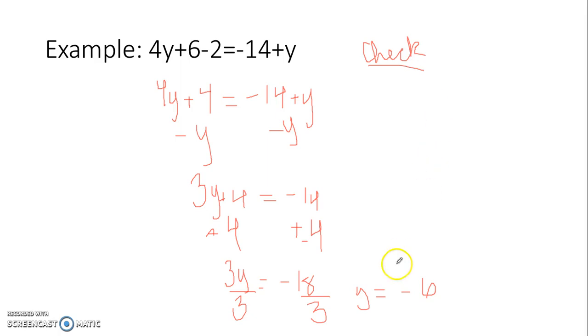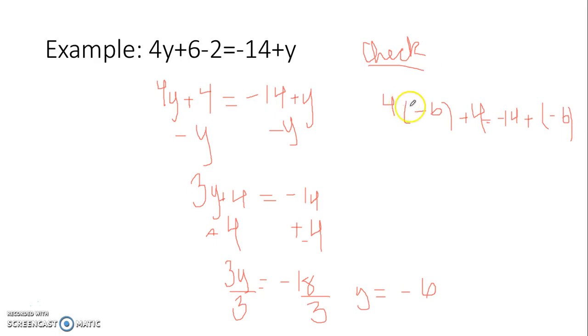Okay, so to check your work, you're going to plug in negative 6 to the first equation, the top equation. So 4 times negative 6 plus 4 equals negative 14 plus negative 6.